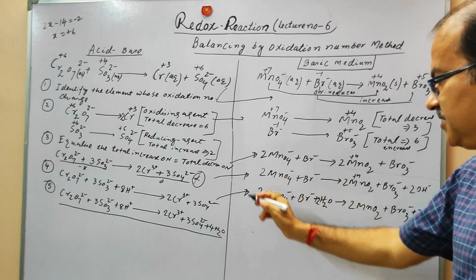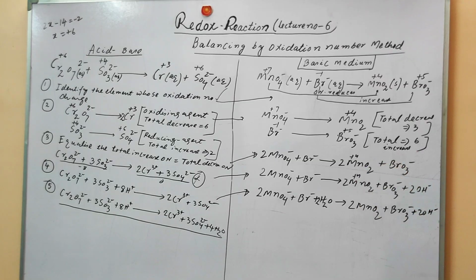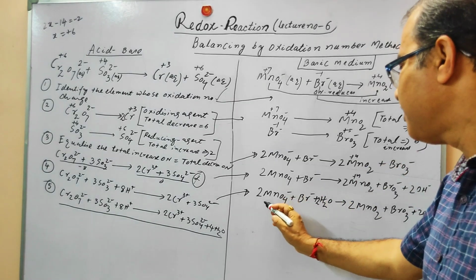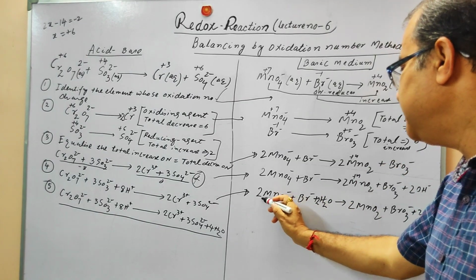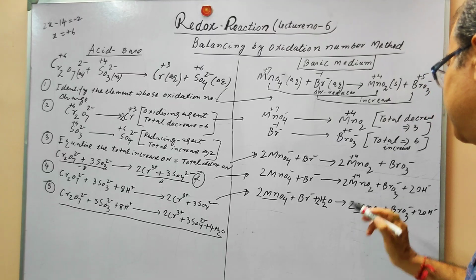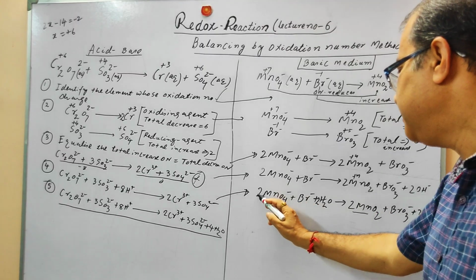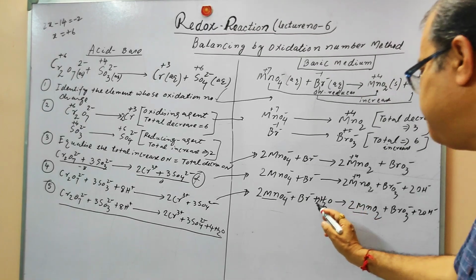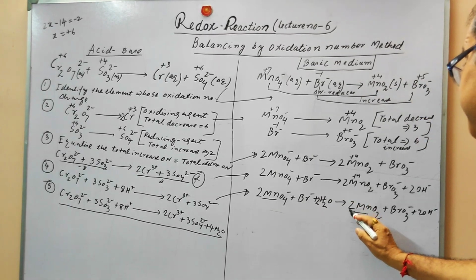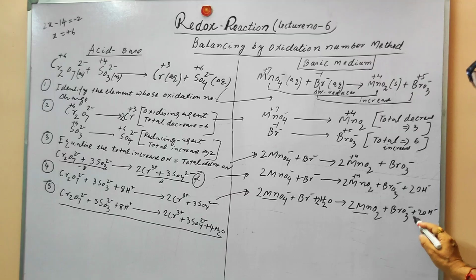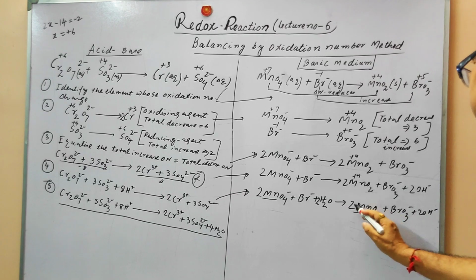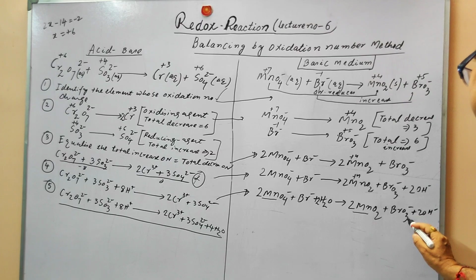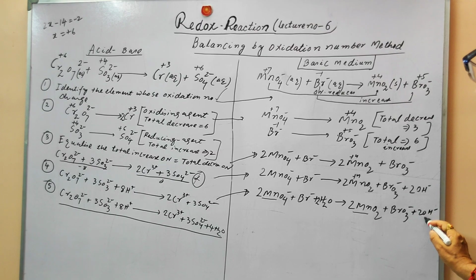Now we can check whether this is a balanced equation. We have to count. Manganese: 2 atoms here and 2 atoms here. Oxygen: 8 plus 4 is 12 on one side, and 4 plus 3 plus 2 is 9 on the other.